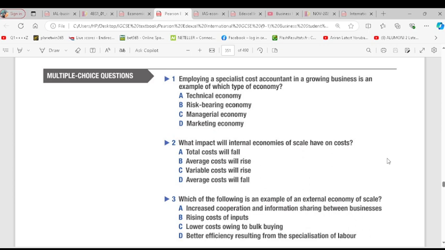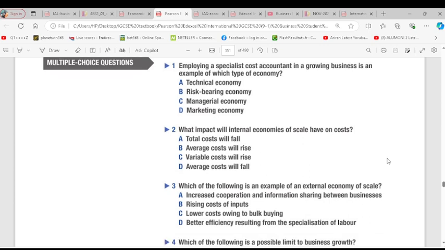Is that about employing cost accountants? No, obviously. So why did you choose marketing economies of scale? Can you read the options again, please, and check? Employing a specialist cost accountant. So what economies of scale is that? C. Managerial economy of scale. So why did you choose marketing before? You better reason well before you choose, okay? So the answer is C, yes, you're right.